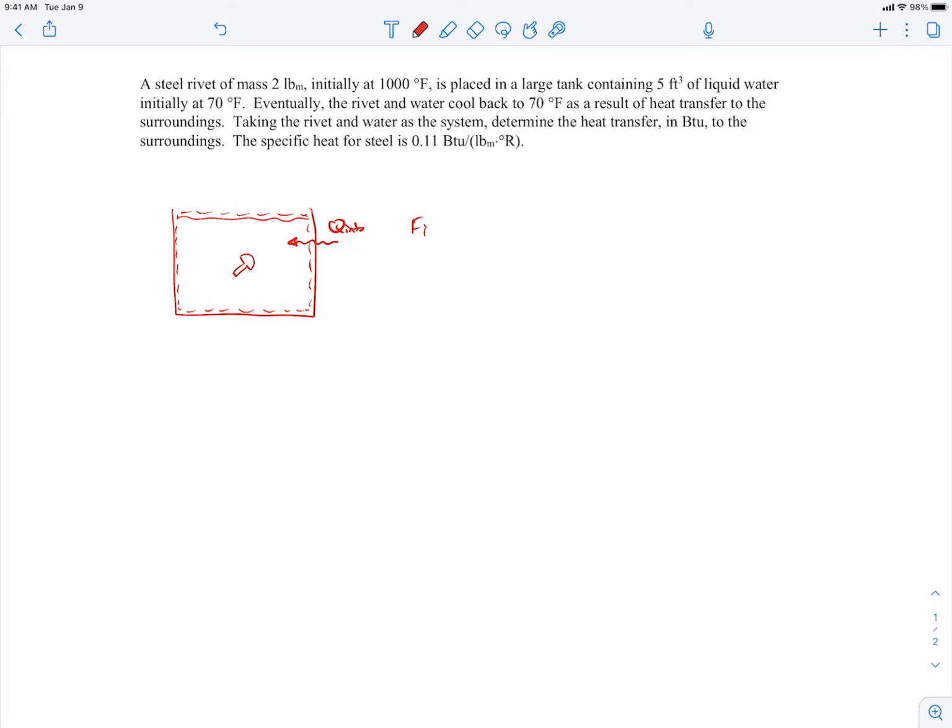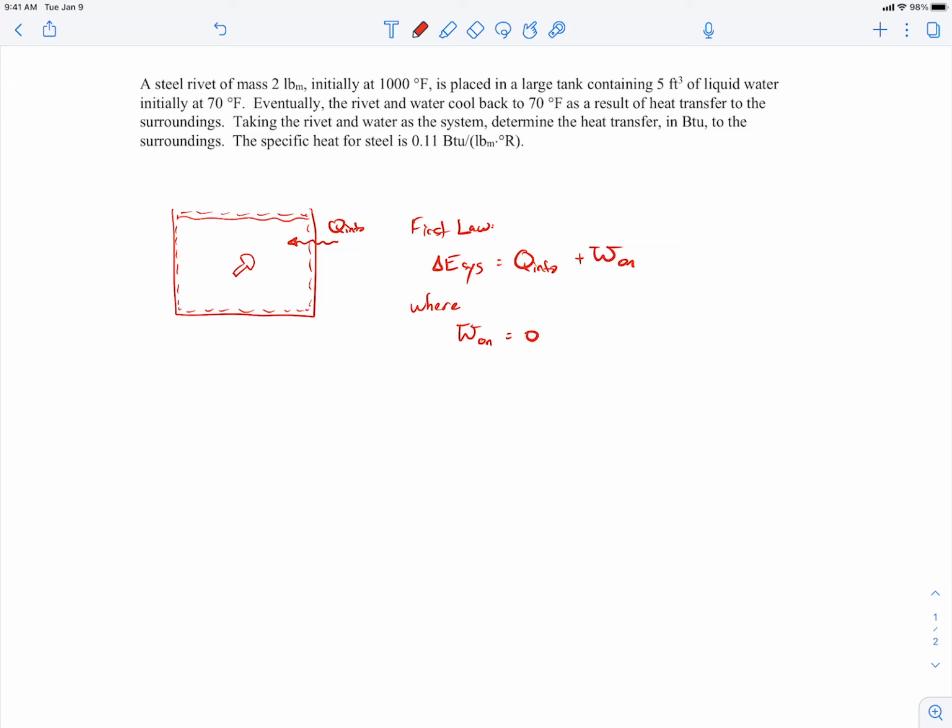There's no paddle wheel, no electrical work, no springs or anything like that. So let's go ahead and write the first law for that system. I'm just writing it as plus the work done on the system. And then let's evaluate what some of these terms are. First of all, the work done on the system is 0 because, again, there's no pressure work being done.